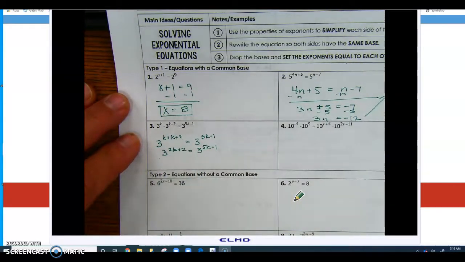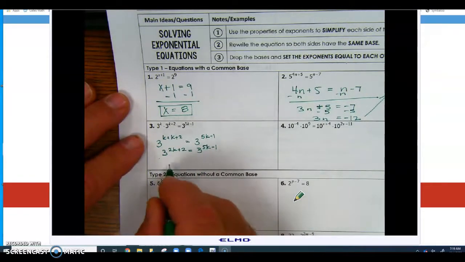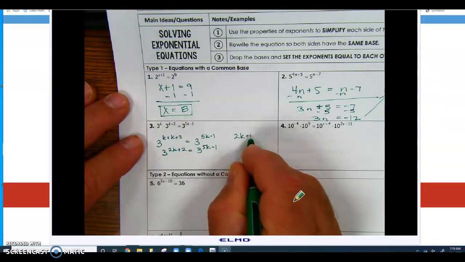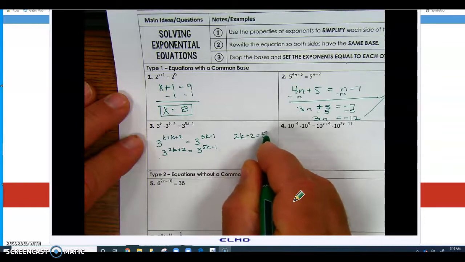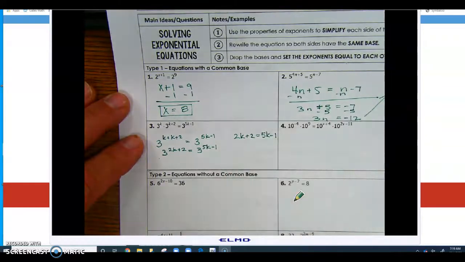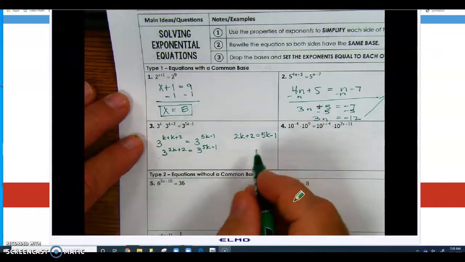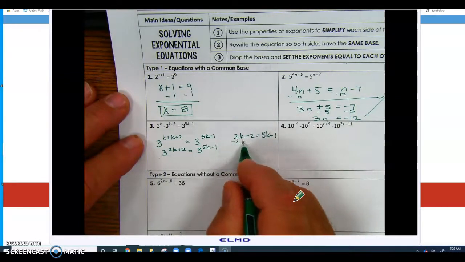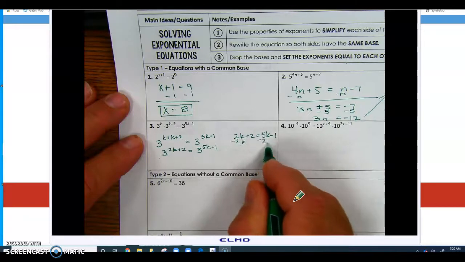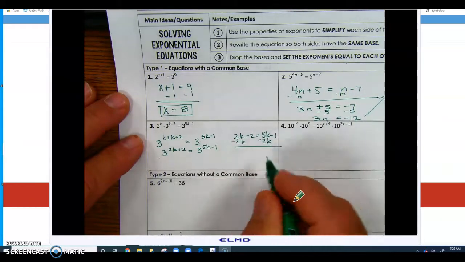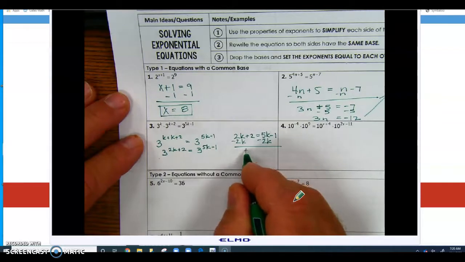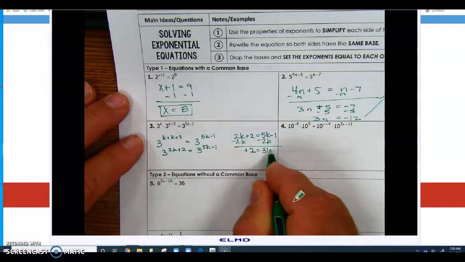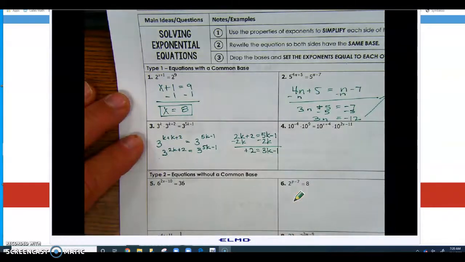Now I can drop the bases. So my new equation is 2k plus 2 equals 5k minus 1. I'm going to subtract 2k from both sides, even though I could have subtracted 5k from both sides. Just got to make sure I get the k's on one side and the constants on the other side.